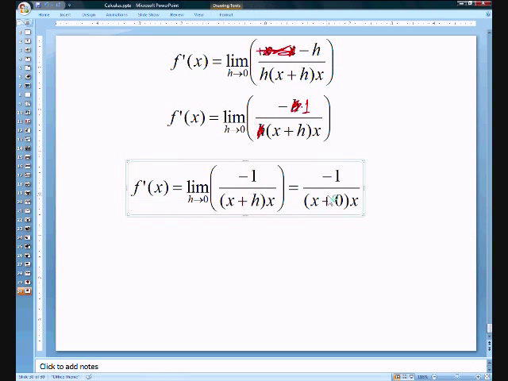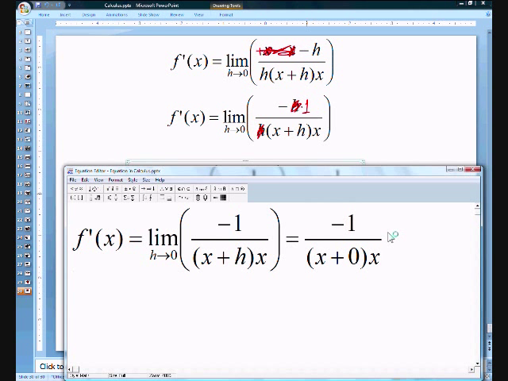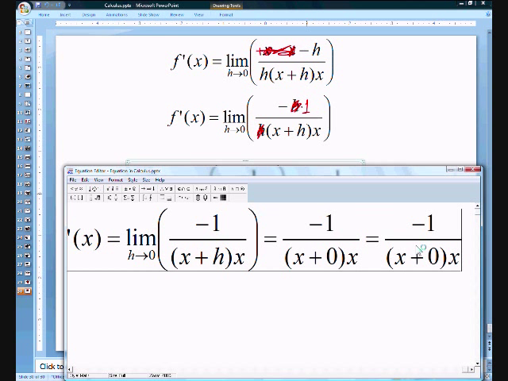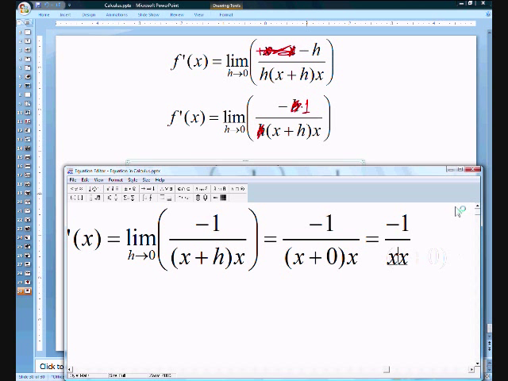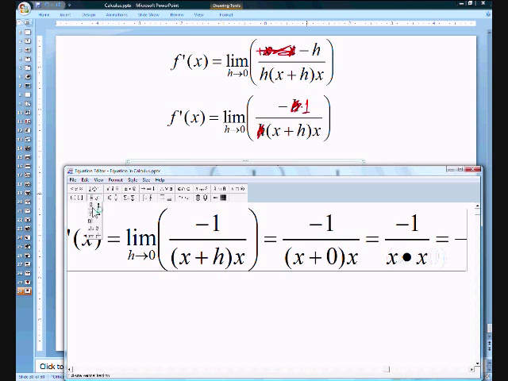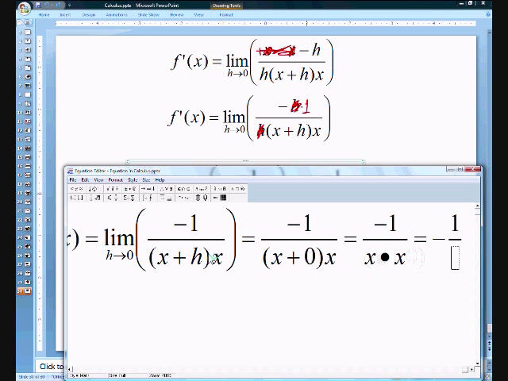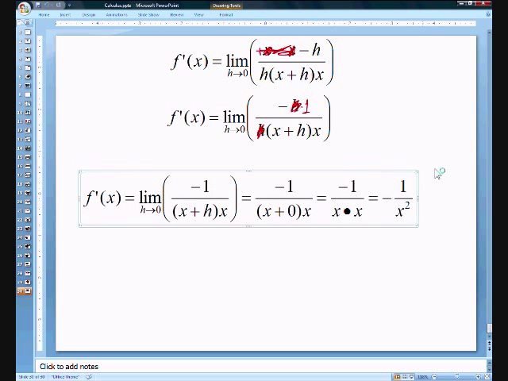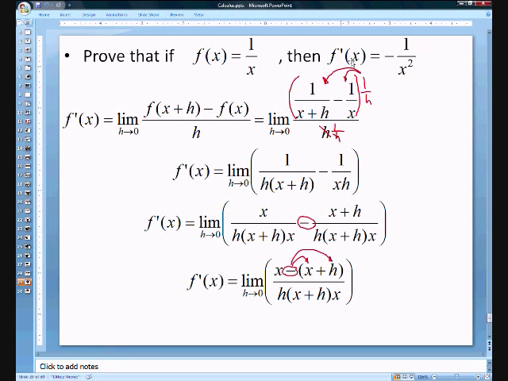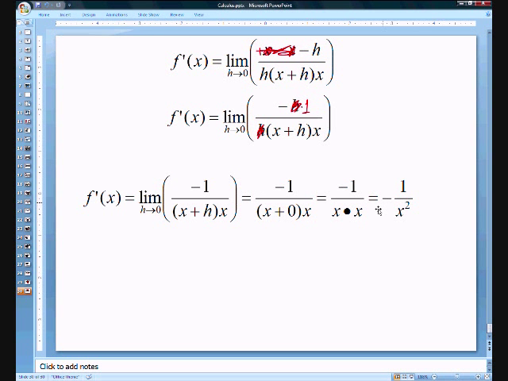So we just plugged it in, negative 1 over x plus 0, and that will come out to what? This becomes x, so we have x times x, which is going to be negative 1 over x squared. And we have just solved that problem, and we can look at the original f prime of x equals negative 1 over x squared. Alright, so see you in the next video.